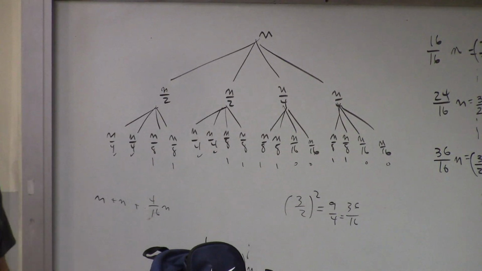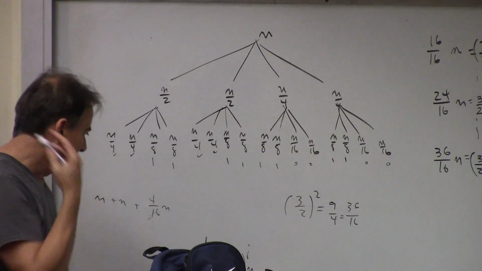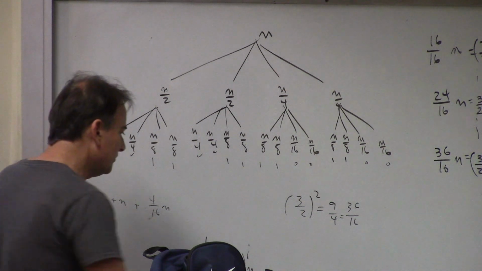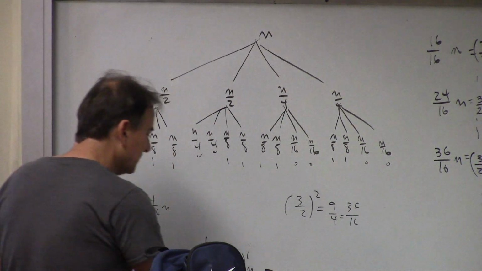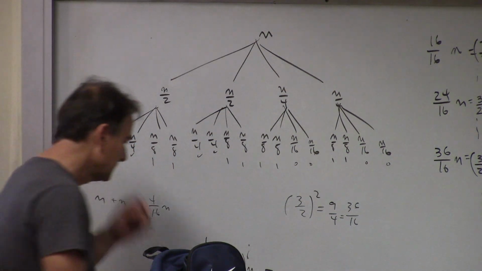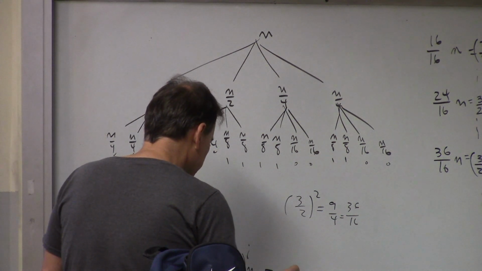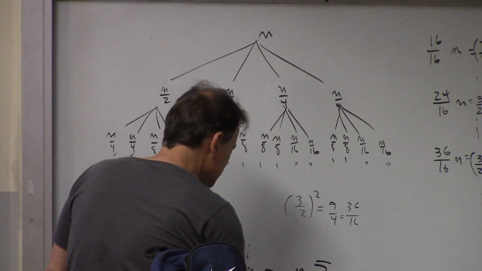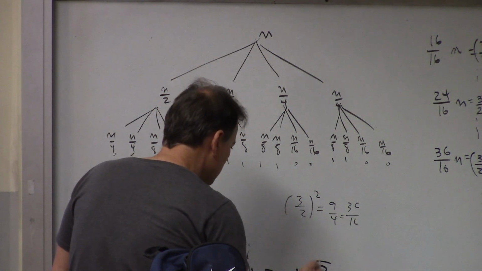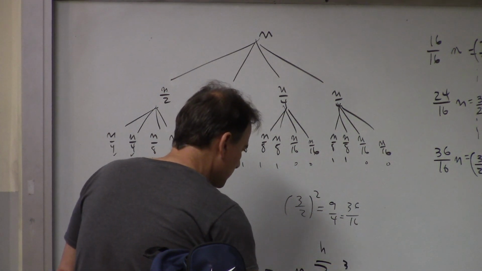It doesn't have to have the same meaning of height, but some value. And therefore, we can rewrite this because n is not a function of i. We can say this is equal to n times the sum as i goes from 0 to h of 3 over 2 to the i.